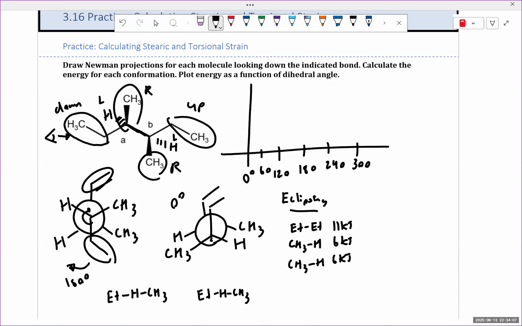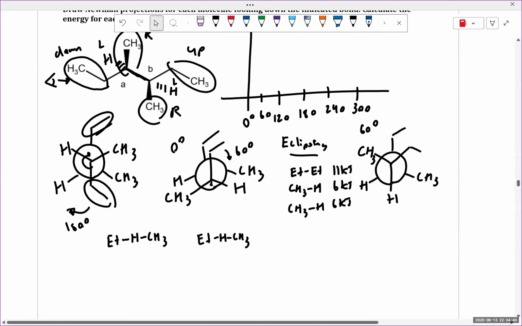Okay, let's now rotate. We can rotate our front carbon 60 degrees, and let's generate the 60-degree Newman projection. In this case, we still have the same relative position of our substituents. Again, ethyl, hydrogen, methyl in a clockwise arrangement. From here, for 60 degrees, we need to talk a little bit about the gauche interactions.